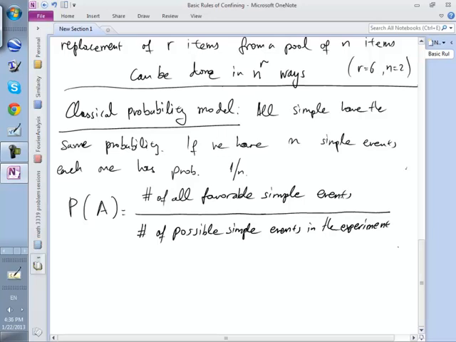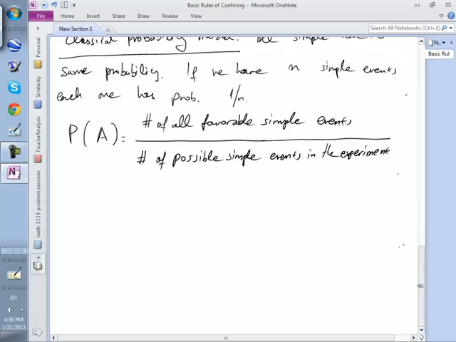And by a favorable simple event, I mean each one of the simple events that fits in the description of the event A. Okay? So now this has to become a little bit more clear. So let's clarify that. Let's understand how many simple events and how many favorable events. Let's learn to count.